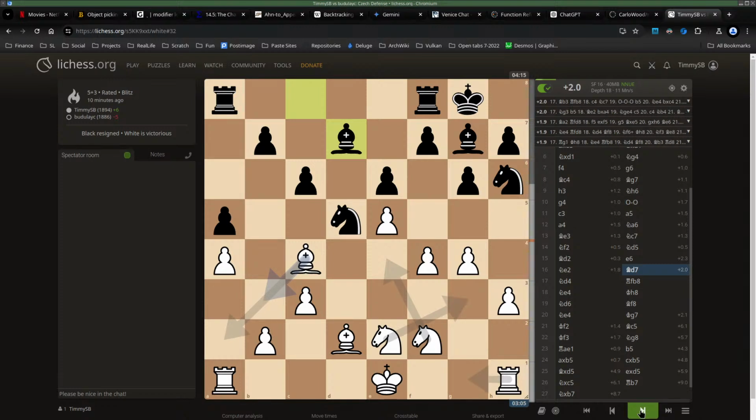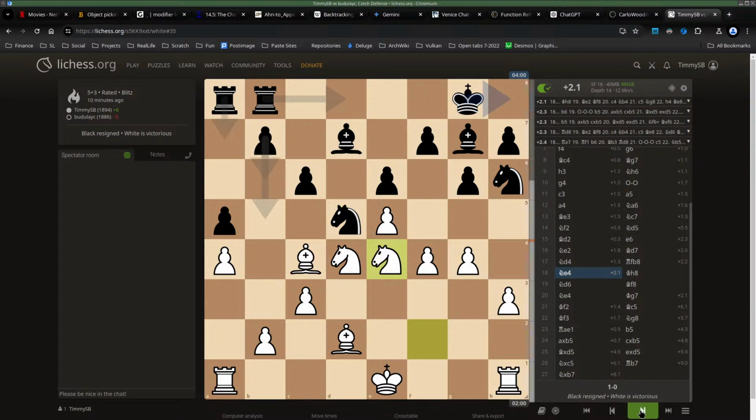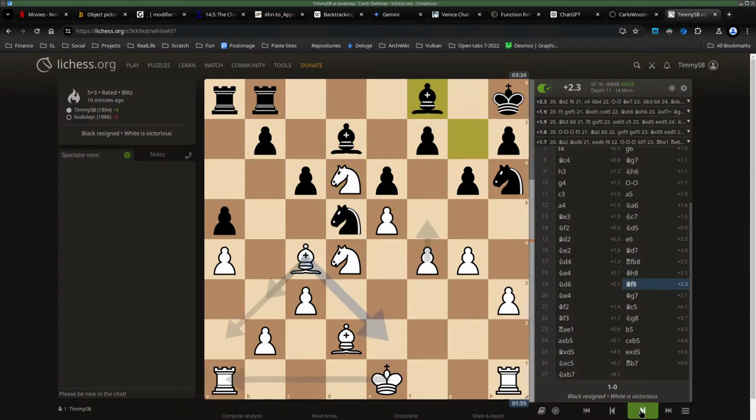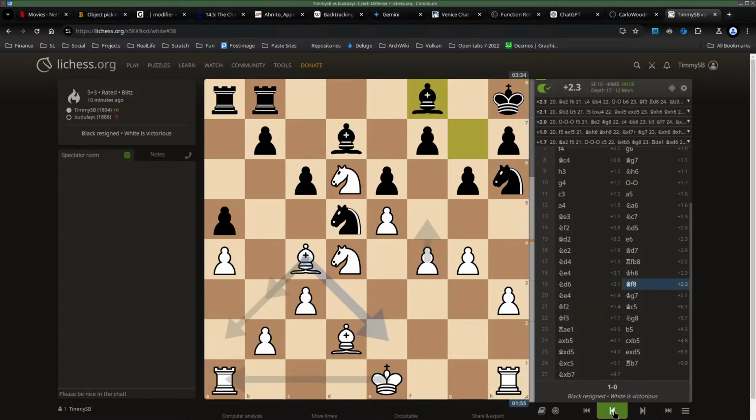Entomb, as they call that. Still plus two. Wasn't even a bad move then, apparently. I went back, that wasn't the best move. What should I have done? Bishop to a very unclear place, yeah. Maybe push this one or something. Probably.